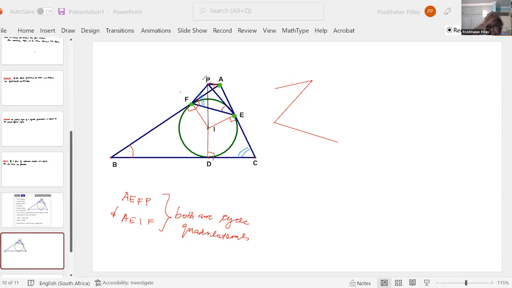Now, what does that mean? It means that this PI is going to be a chord of that circle, right?